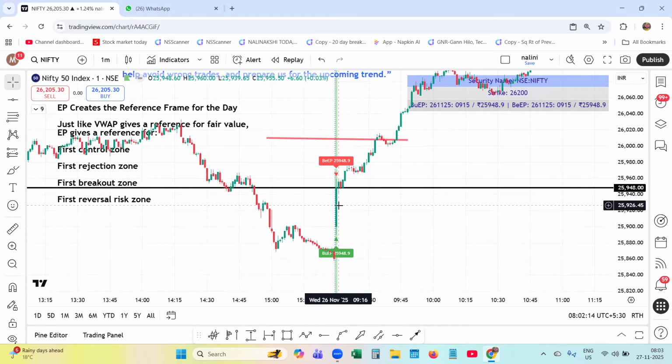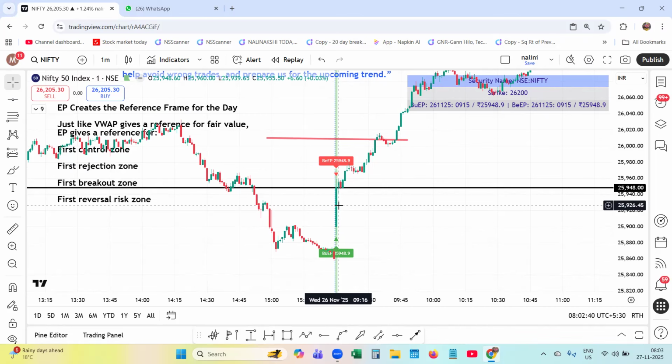Structure means the price has to make a higher high and higher low, and if it is going down, it is making a lower high and lower low. That is the structure. So episodic pivots mark the reaction point at that time.